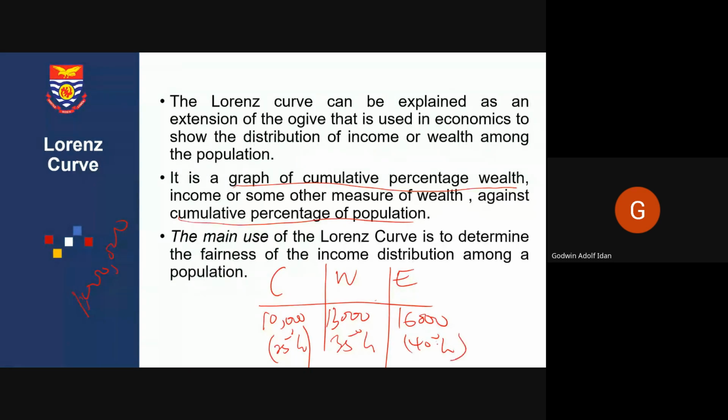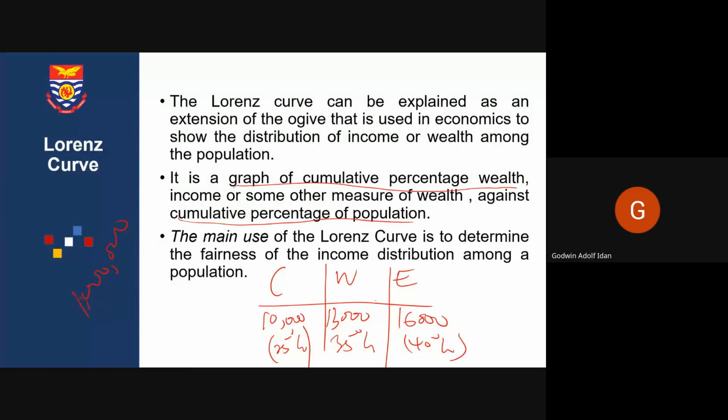In this case, you know that at least the income, all things being equal, 40% of the income should go to Eastern, 35% of the income should go to Western, and then 25% goes to Central. And that is how we can now understand that there is an even distribution.